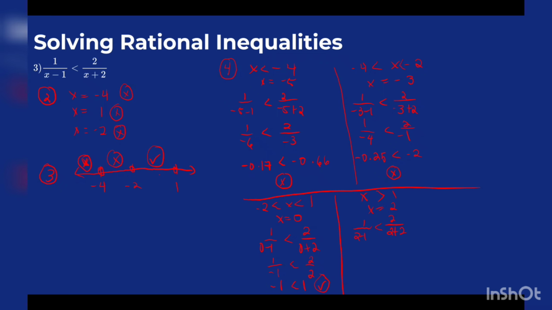This will be 1 over 1 less than 2 over 4, which is 1 less than 1/2, or 1 is less than 0.50. And 1 less than 0.50 is not true. So this is not part of the solution as well.